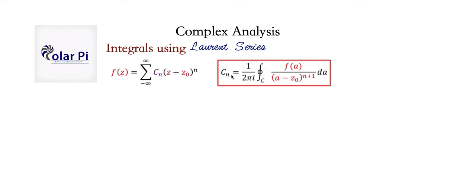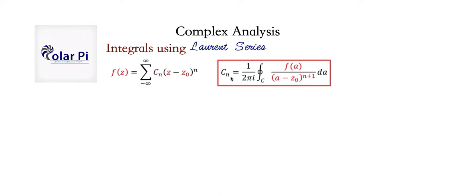But when n is equal to -1, look at this. On the left, we're going to get c sub -1 equals 1 over 2 pi i times the integrand, where in the denominator this is raised to -1 plus 1. That's to the 0th, so in the denominator we just get a 1, and the integrand is just f of a da.